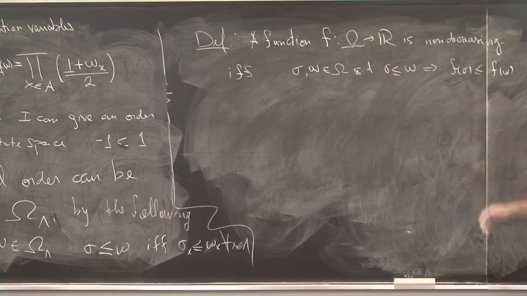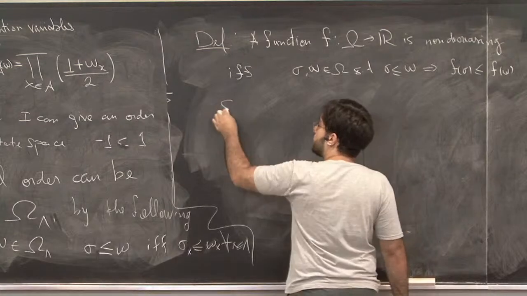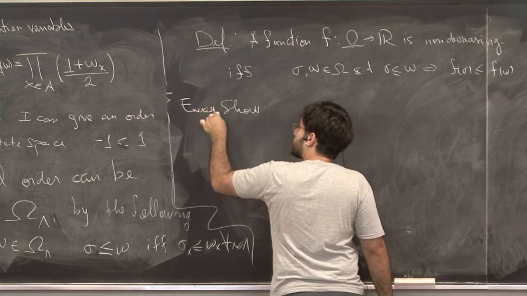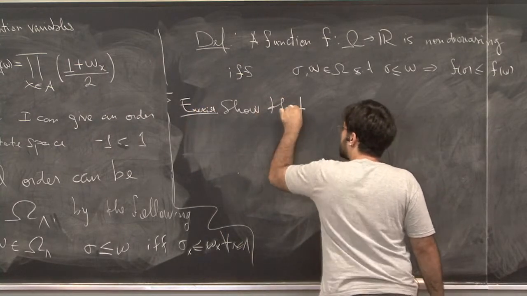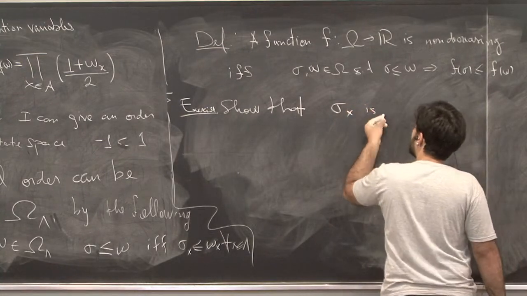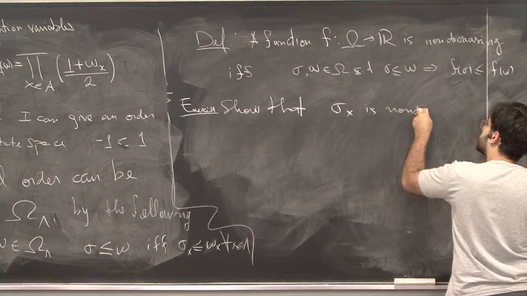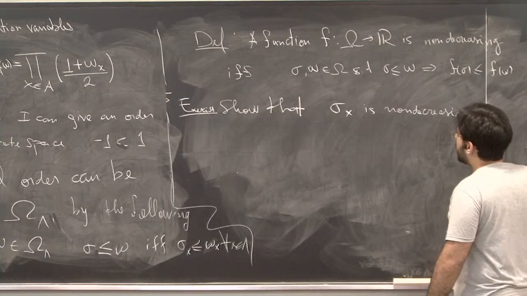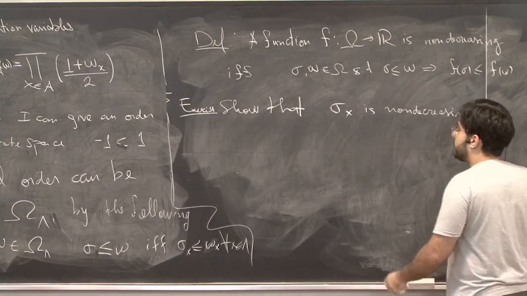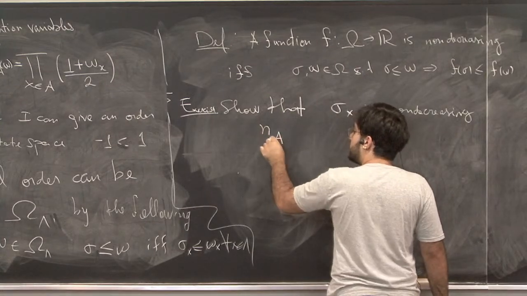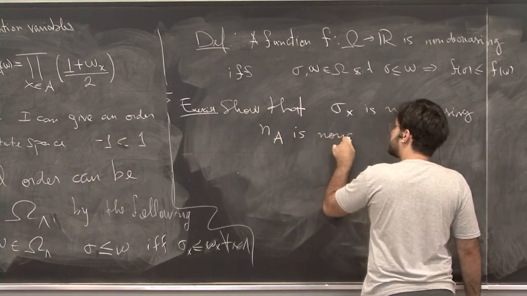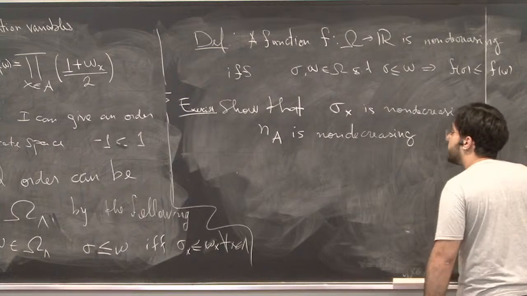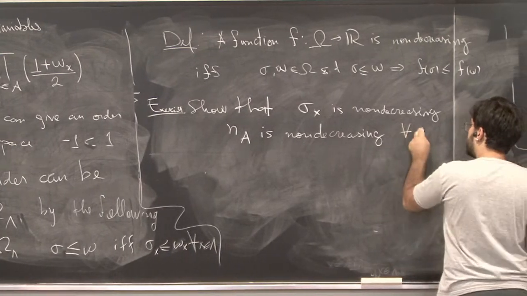So for instance, show that σ_x is non-decreasing, and σ_A is non-decreasing for any A finite subset.